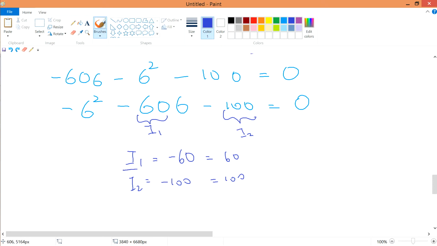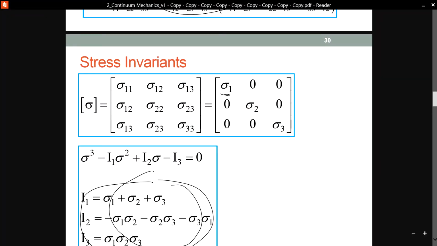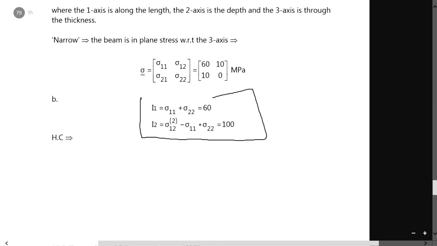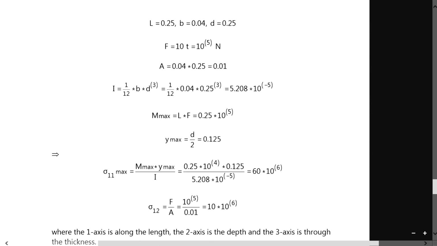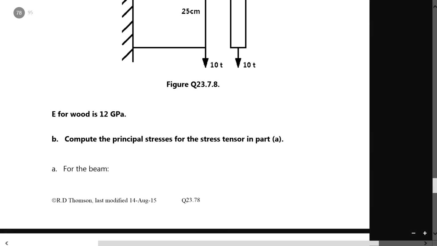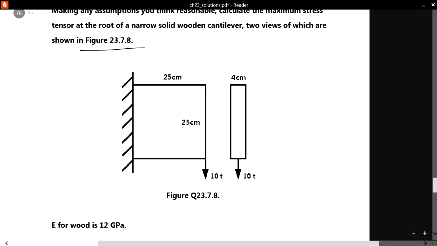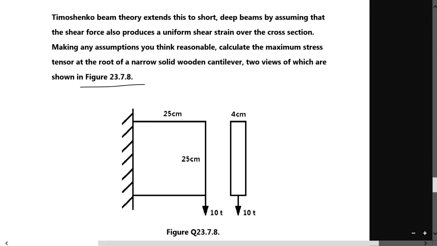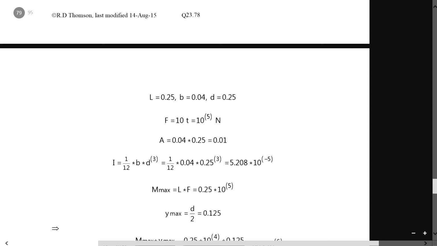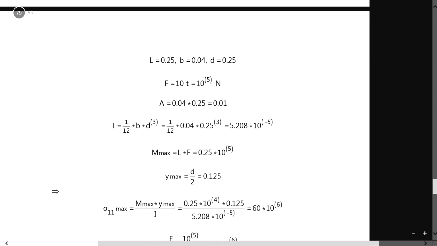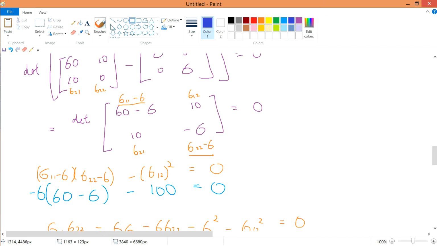And therefore this I1 and I2, this invariant, is our function in the problem itself. This is the problem coming from chapter 23, and we're actually solving for the invariants. So with this equation, you can straight away sub in your sigma 1.